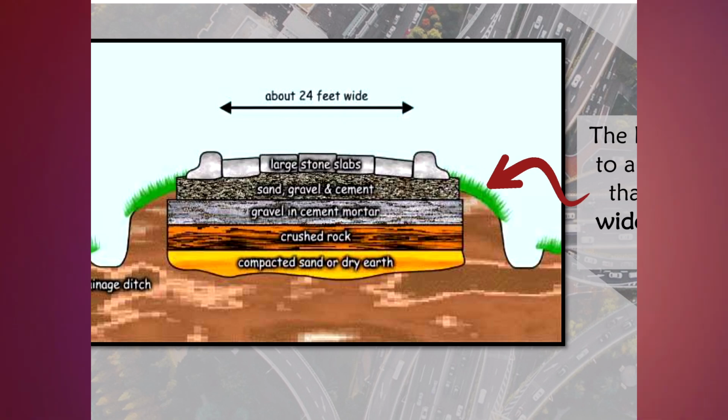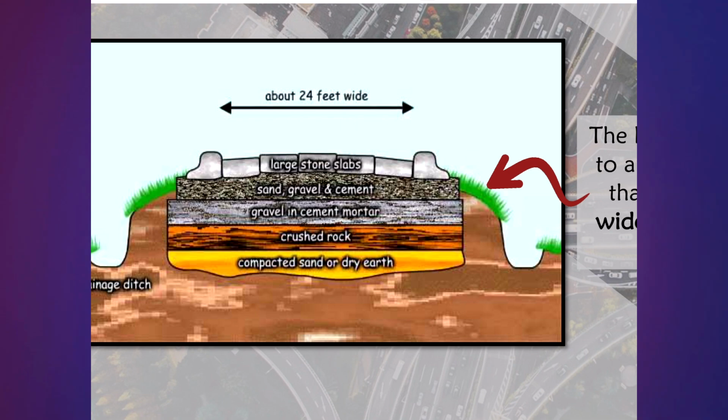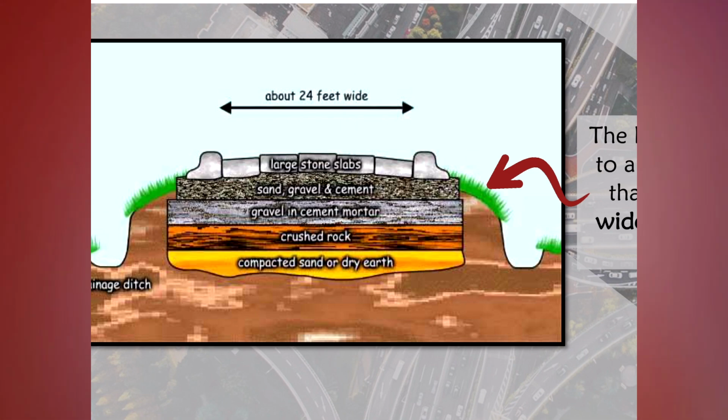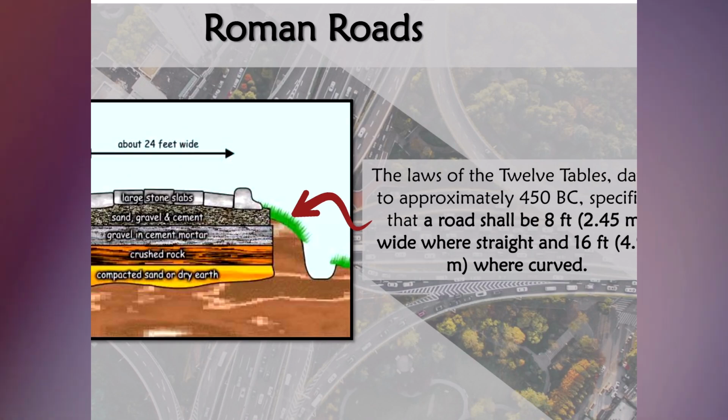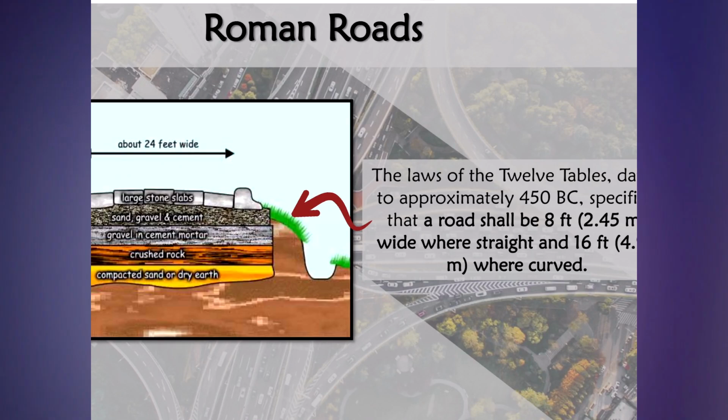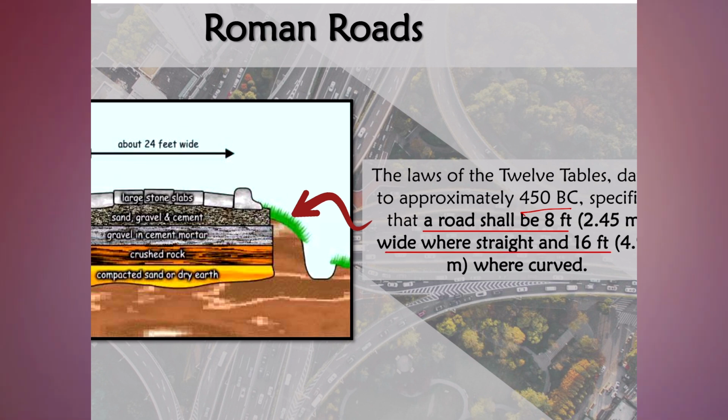As you can see, there are 4 layers of road, which we still apply to our modern roads today. The laws of the 12 tables, dated to approximately 450 before Christ, specified that a road shall be 8 feet or 2.45 meters wide where straight and 16 feet or 4.9 meters where curved.